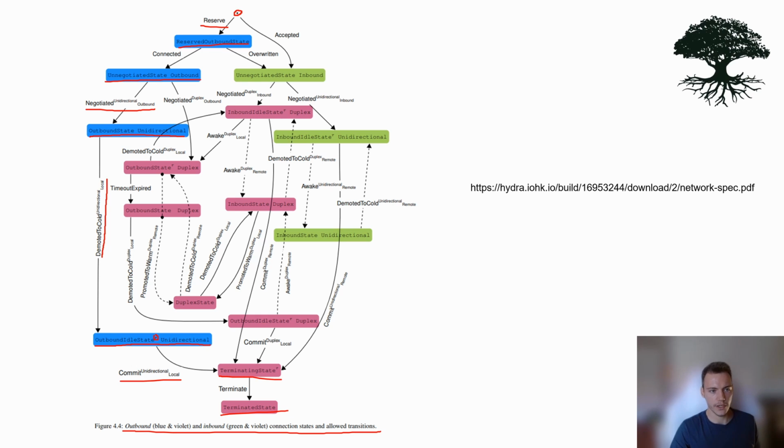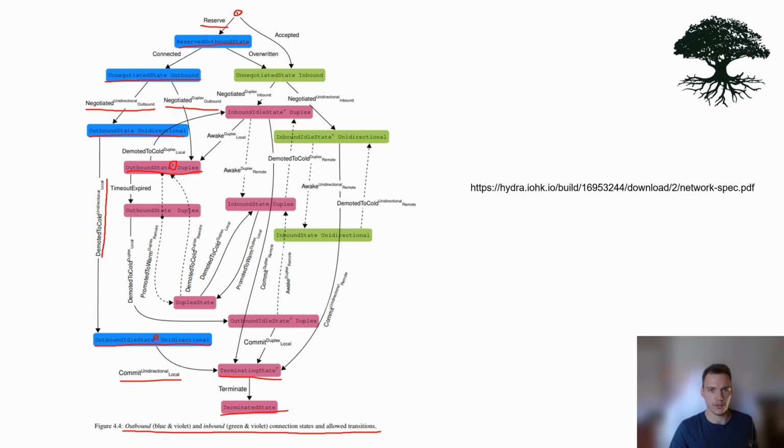On the other hand, if the result of the negotiation was a duplex connection, then we go into an outbound state duplex, again with this timeout. This timeout means that we are waiting for the other node to start the mini protocols towards our node.